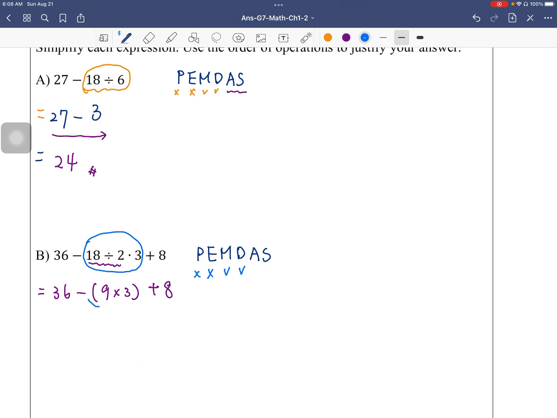When I do multiplication and division, I do it from left to right. Minus 27 plus 8. Then I quickly do these two. This is 9 plus 8, so that is 17.